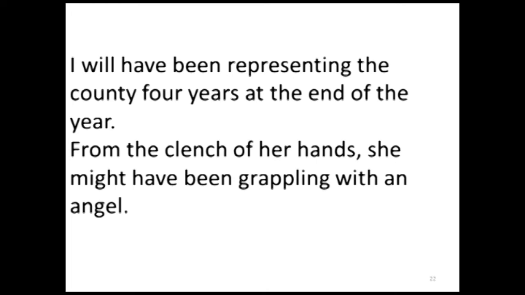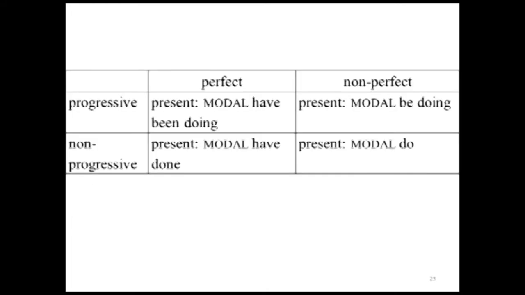So we can make a table similar to the one that we made for non-modals, but make one for modals. We can, again, use do as the lexical verb, okay? So perfect progressive, a modal verb, say may or can or should or would: may have been doing, should have been doing. That is present, perfect, and progressive.